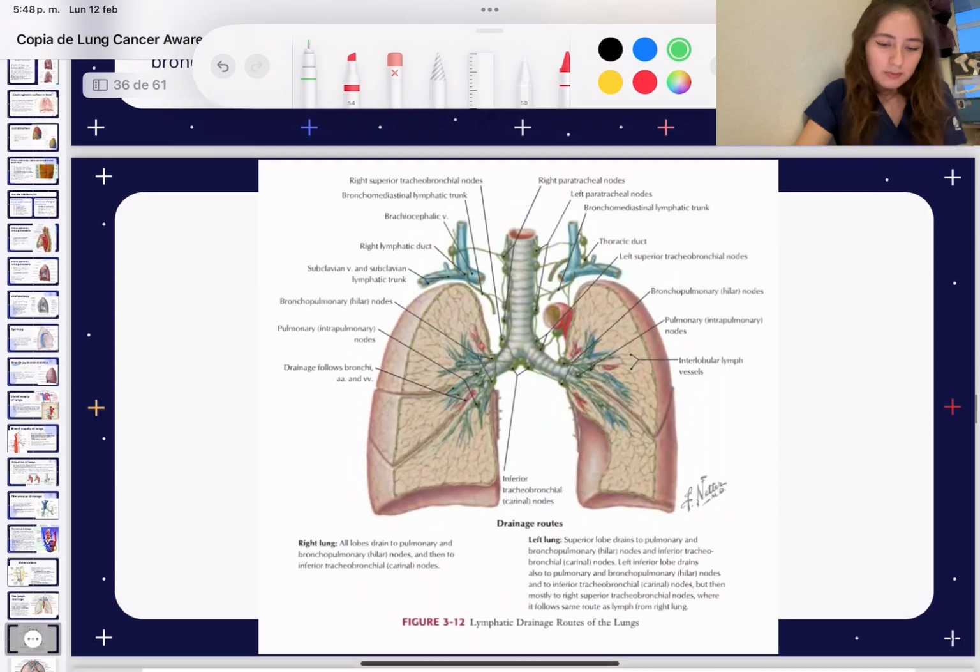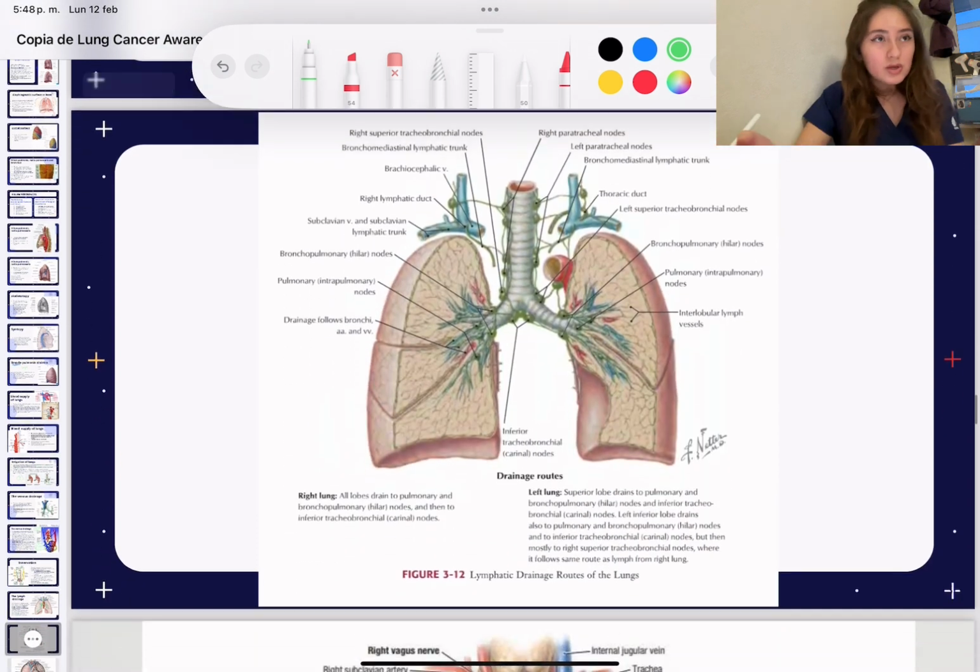Here we have the routes of drainage. In the right lung, all lobes drain to the pulmonary and bronchopulmonary nodes, and then to the inferior tracheobronchial carinal nodes. And in the left lung, the superior lobe drains to the pulmonary and bronchopulmonary hilar nodes, and inferior tracheobronchial carinal nodes.